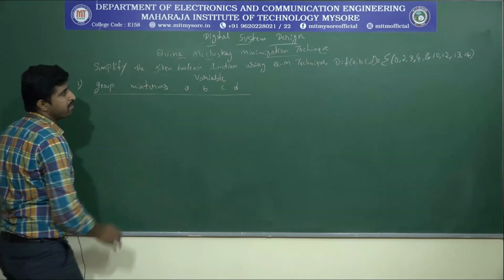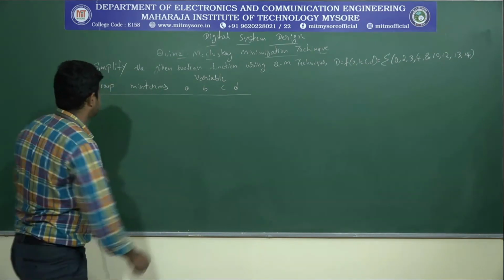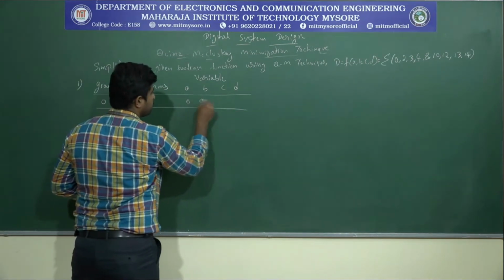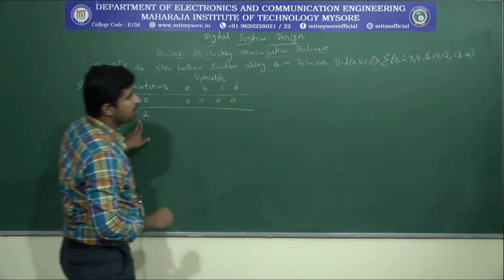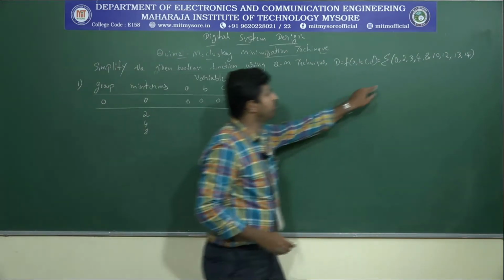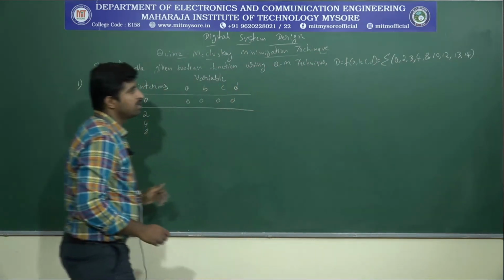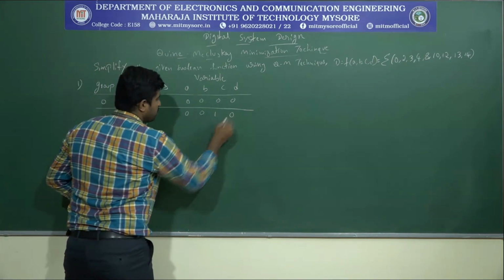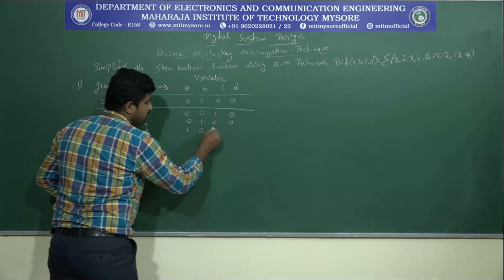We need to arrange the minterms according to the number of logical ones in increasing order. So group 0 has minterm 0, which is 0, 0, 0, 0. Next, 2, 4, and 8 have one logical one, which corresponds to group 1: 2 is 0, 0, 1, 0, 4 is 0, 1, 0, 0, 8 is 1, 0, 0, 0.